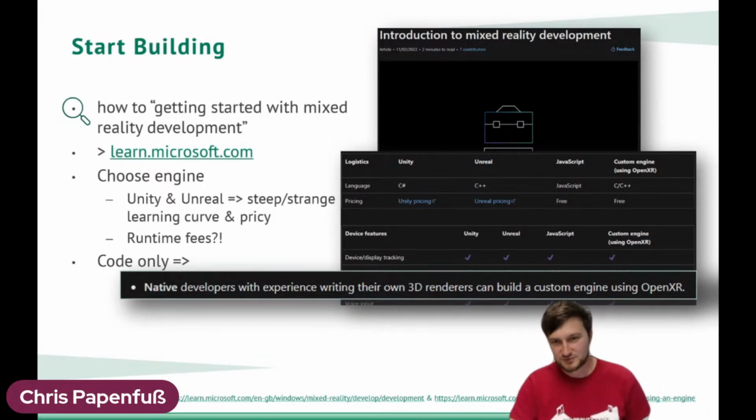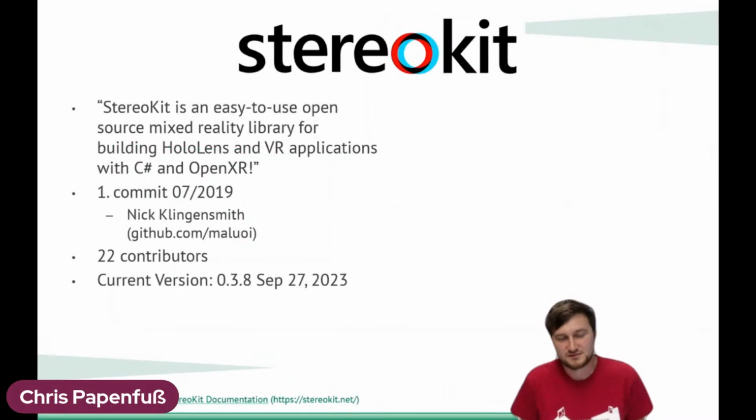But of course, that's why we are here. There's a framework for that, StereoKit. It's not from me, it's open source. It describes itself as an easy-to-use open-source mixed reality library for building HoloLens and VR applications with C# and OpenXR, which sounds nice.